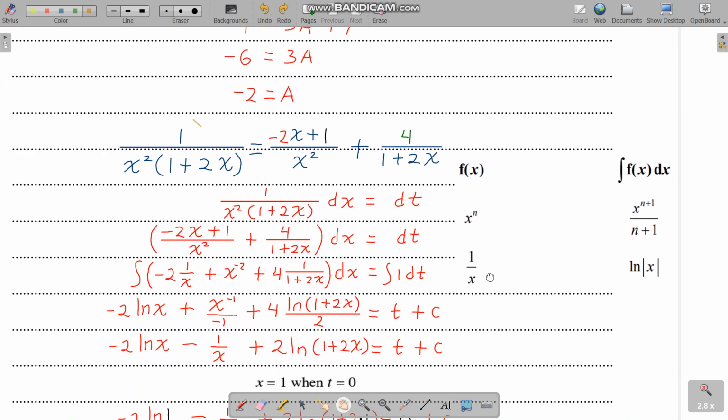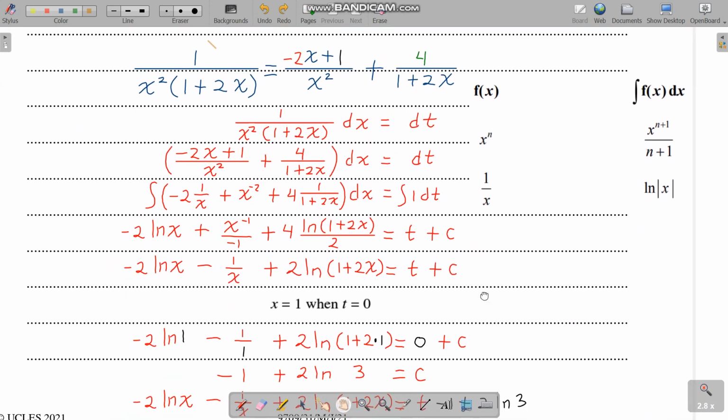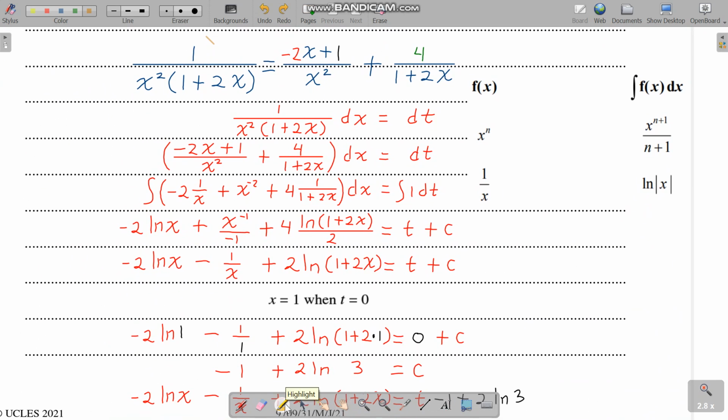Alright, so back to the differential equation here. This is what we were trying to integrate. We replace this left hand side here with the partial fractions, and now we integrate. So for the left hand side here, to integrate this, we're just going to split the fraction further here.